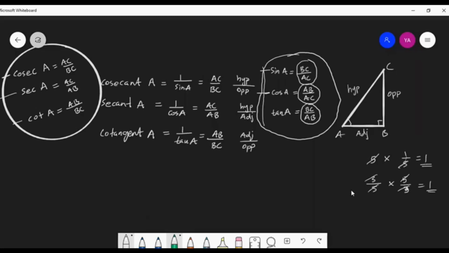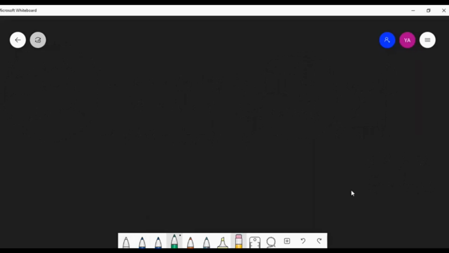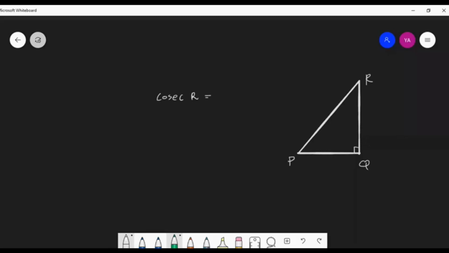If I give some other picture, can you find these six trigonometric ratios? I draw a triangle here. This is a right triangle, named PQR. I think the first three we don't need right now, the ratios we discussed today. So first one, cosec R. Cosec of angle R, what will come?